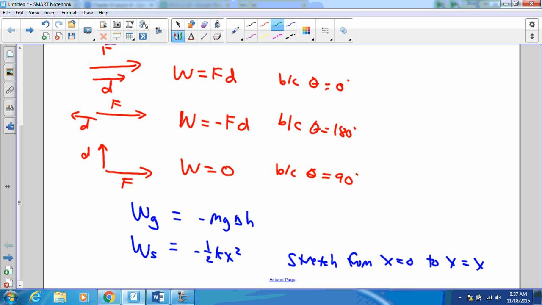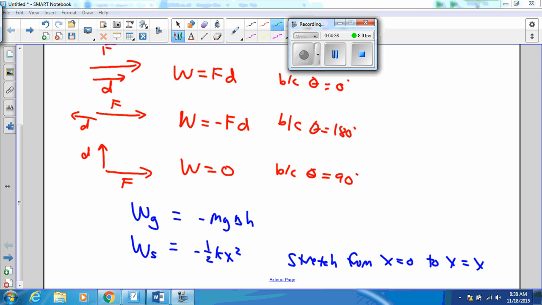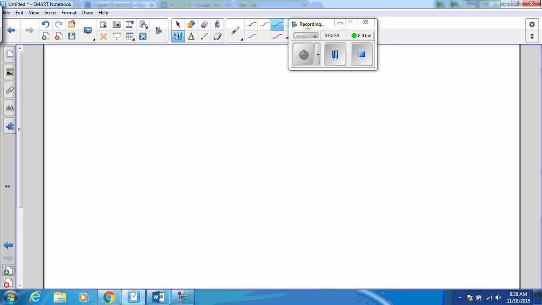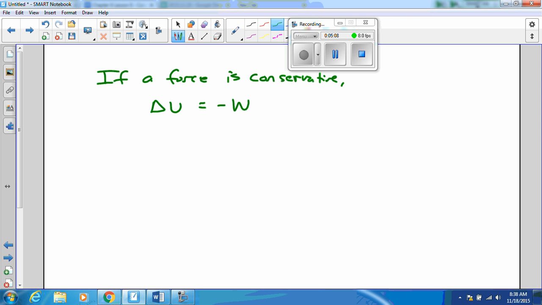Yesterday, we talked about the idea of storing up energy, or conservation, or potential energy. Okay, let me talk about potential energy then. We said that if a force is a conservative force, that is, if it stores up energy instead of wasting it as heat, then the amount of potential energy that it stores up, the change in potential energy of the object that it acts on, will be the opposite of the work done by that force.